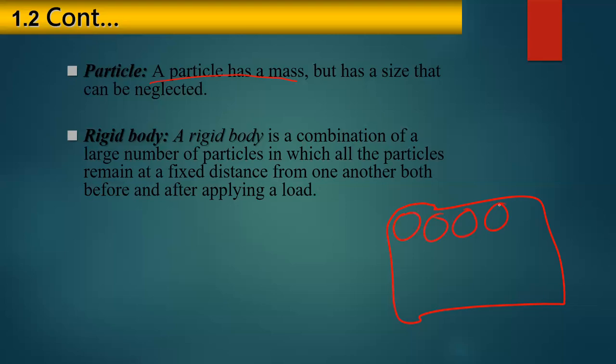Any body that contains particles, and these particles are equidistant from each other, and their positions are maintained before and after adding the force this side. That object will be called a rigid body.